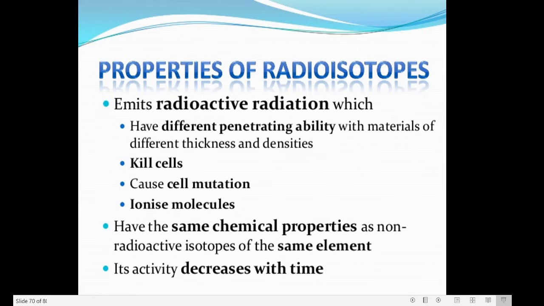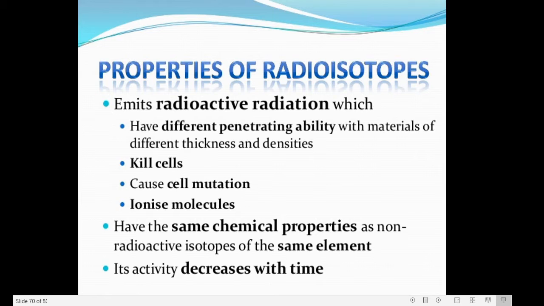Because radioactive labels are very sensitive, they may cause cancer. So if you are working with radioactive isotopes we need to be careful. They have the same chemical properties as non-radioactive isotopes, the same elements, every property is the same, but the sensitivity and toxicity are higher than the normal isotopes.